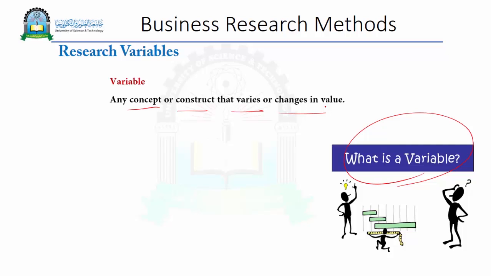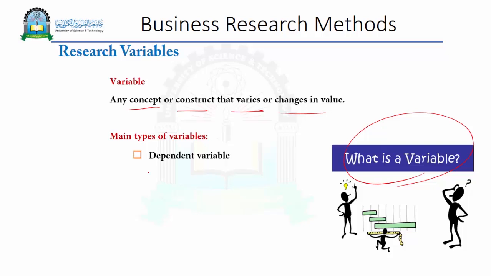So when we talk about organizational performance, which is the performance of the organization, it differs. The organizational performance is a variable as it differs from company to company, and also as it differs for the same company from time to time. We have 4 main types of variables.